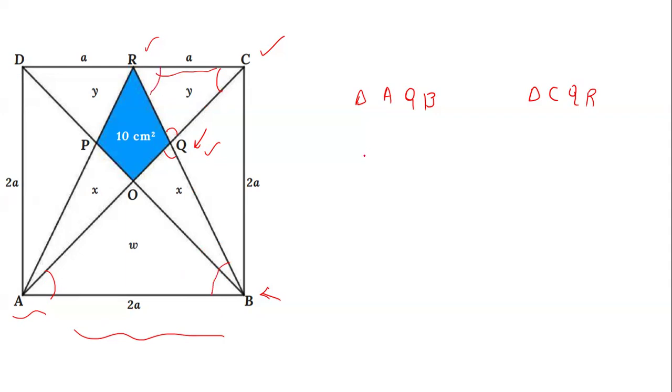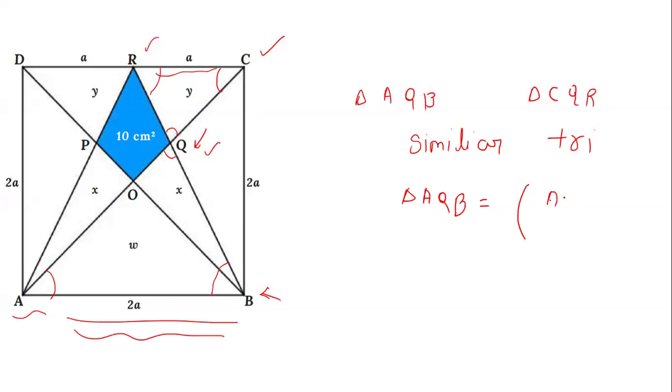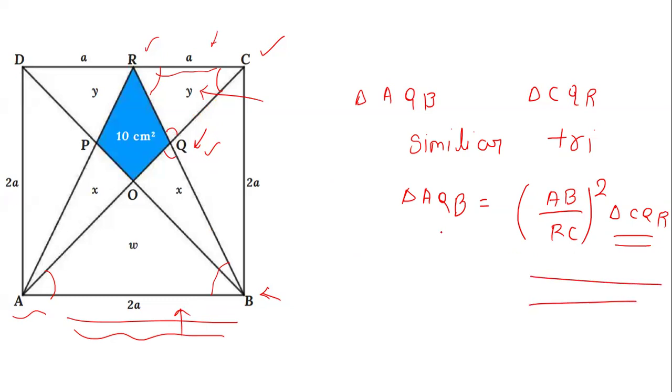So these are similar triangles, and we can say that the area of the triangle AQB is equal to the ratio of the sides AB divided by RC, whole squared, times the area of triangle CQR. Because these are similar triangles, if we multiply this triangle's area by the ratio of the sides AB by RC squared, then this quantity is equal to the area of the triangle AQB.